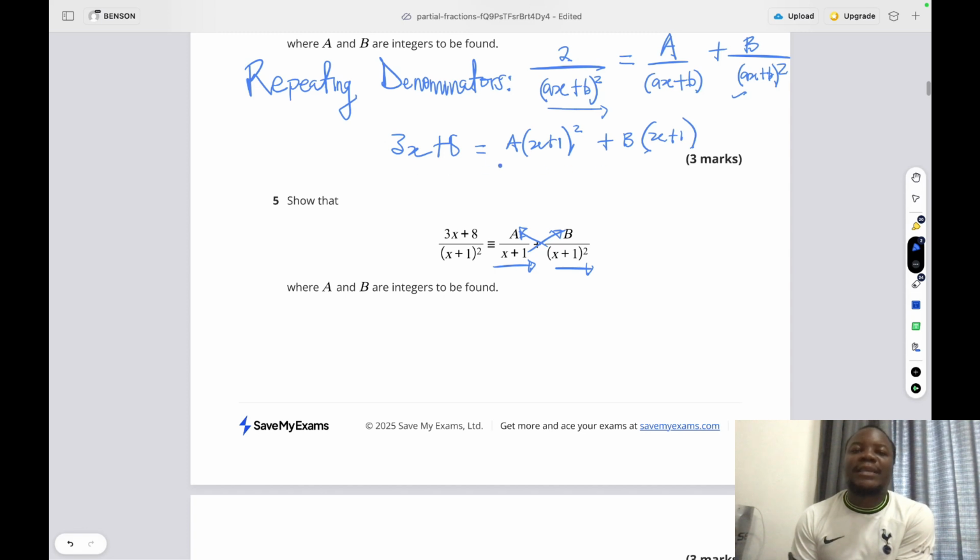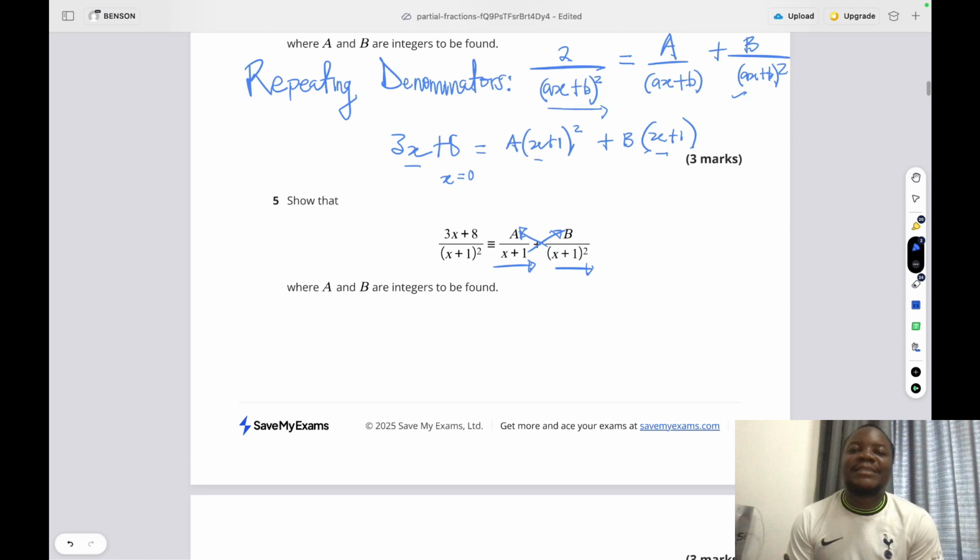Now, from what we did on the first part of partial fractions, where we have linear factors, we've got x here and x on the right. We must choose numbers to replace x with, depending on what would make this equation easier. For me, the first one, I'm going to choose x equal to 0.